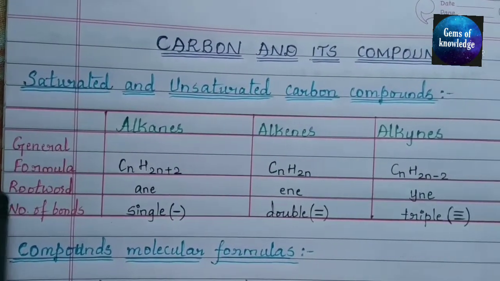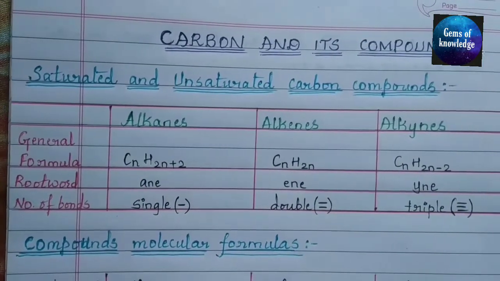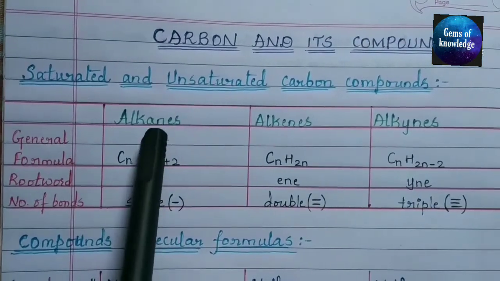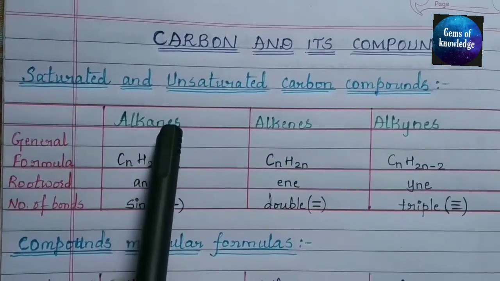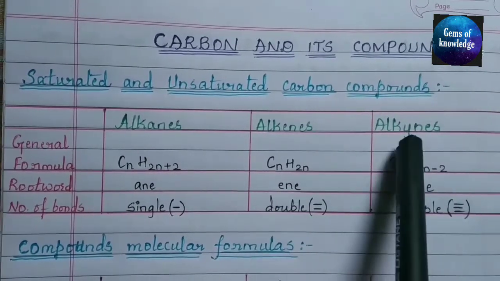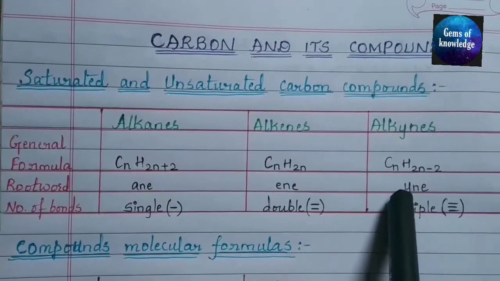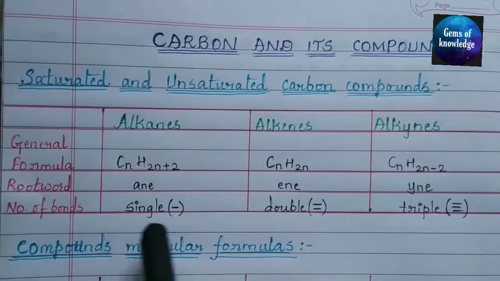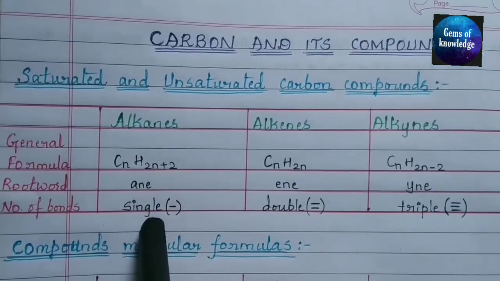Okay, the root word given for this is the last three letters: ANE from alkane, ENE from alkene, and YNE from alkynes. Now, regarding the number of bonds, alkane is single bonded.